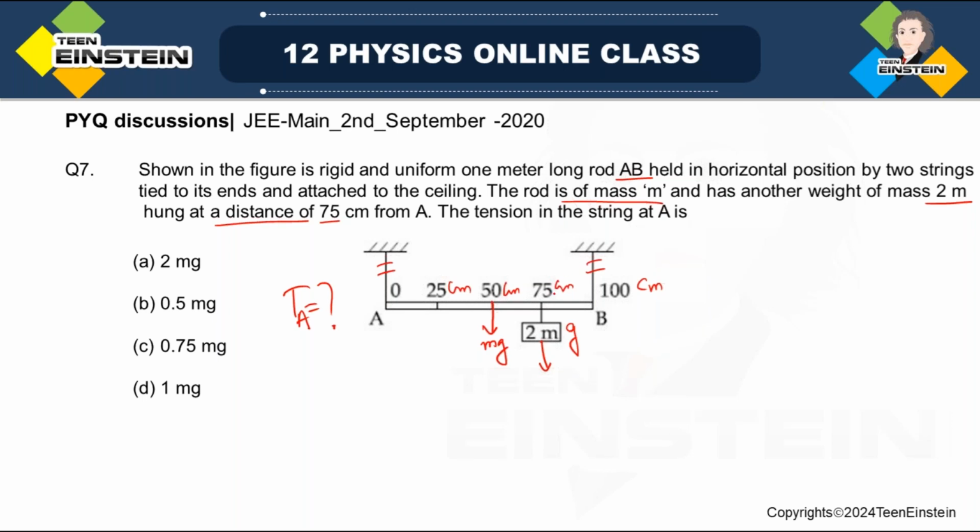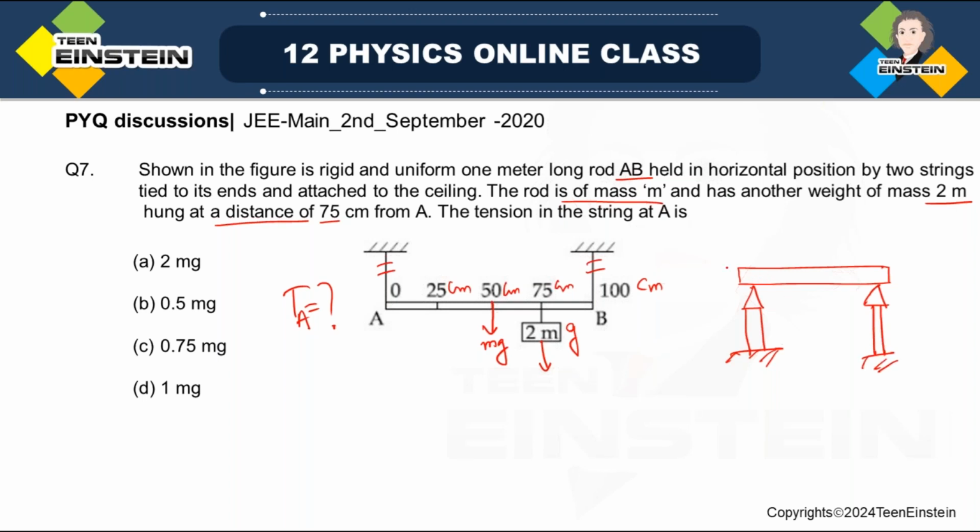Similar kinds of problems can be asked. Suppose there is a rod or bar which is supported by two supports, one at each end.